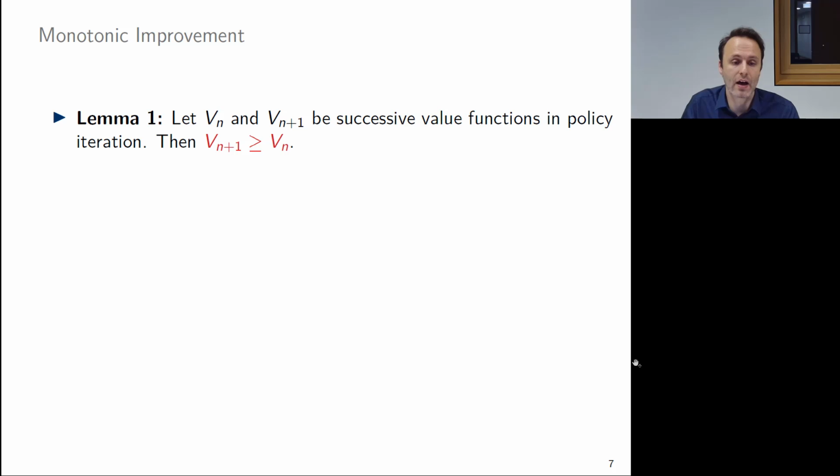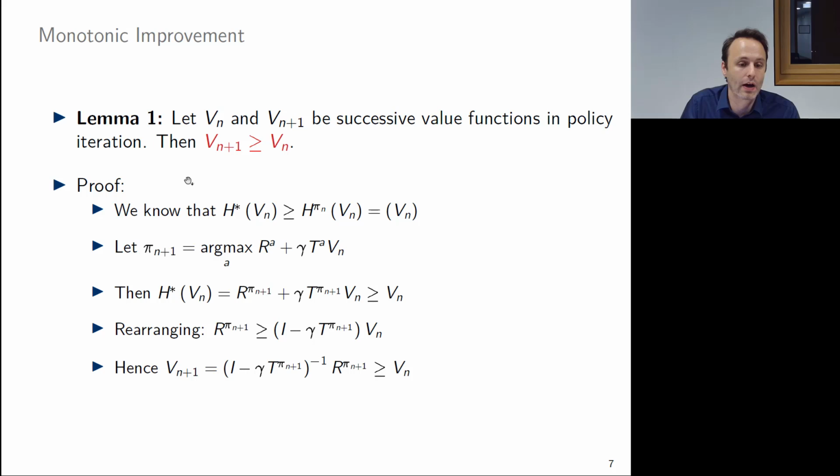And so how does policy iteration work? The key essential ingredient is that we have monotonic improvement. So if we have 2 different policies, they are associated with 2 different values, Vn and Vn plus 1, in 2 consecutive steps in the iteration, then this Vn plus 1, the next iteration step, must be better or equal to the value at the current iteration step.